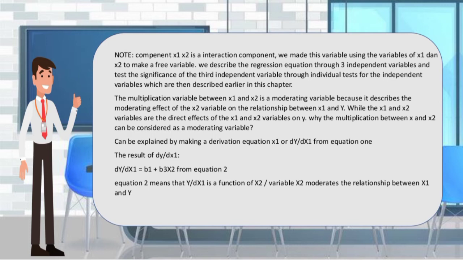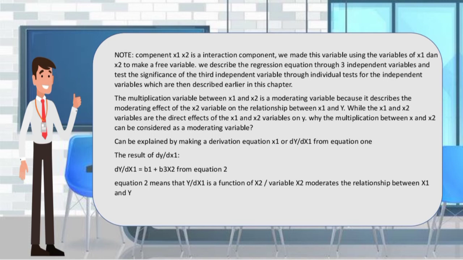Now you might be thinking, why can the multiplication between x1 and x2 be considered a moderating variable? Well, it can be explained by deriving the equation dy over dx1 from the first equation.